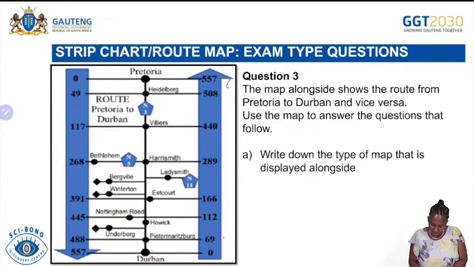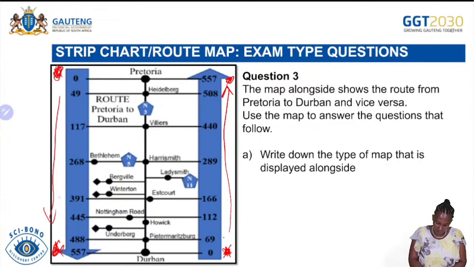So the distance from Pretoria to Durban is 557, and from Durban going to Pretoria, it's 557. So you have the distance going there and also coming back.